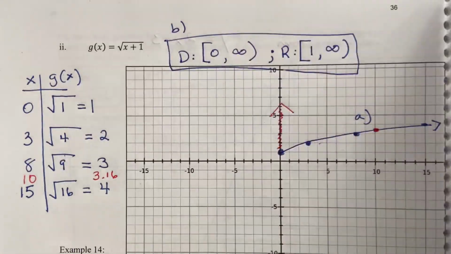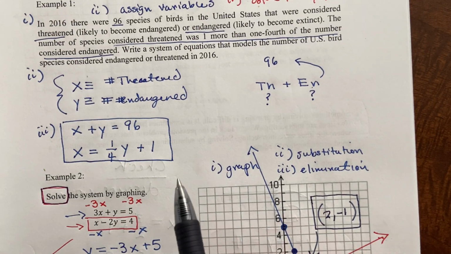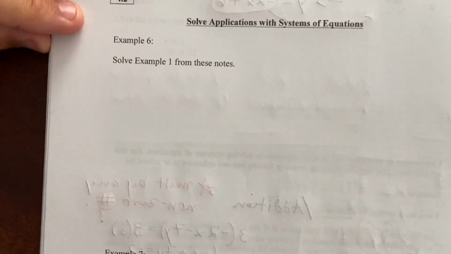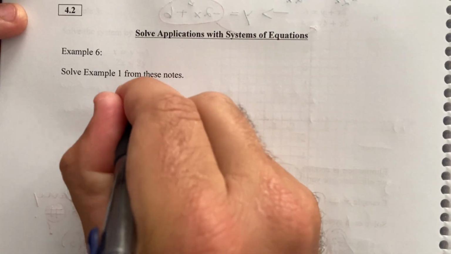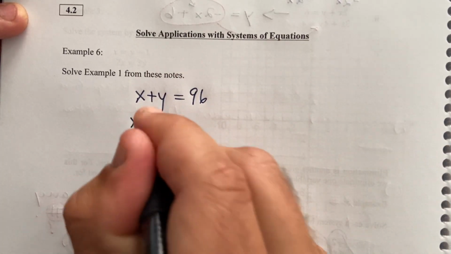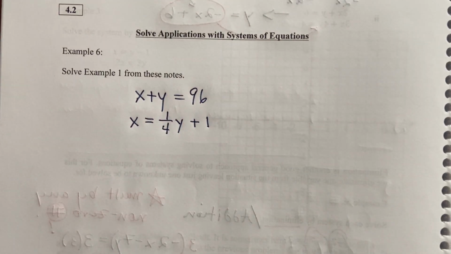That was where we wrote this system involving these birds. I'll write this system down and then we'll solve it. So we had x plus y equals 96, and then I believe we had x equals 1/4 of y plus 1.